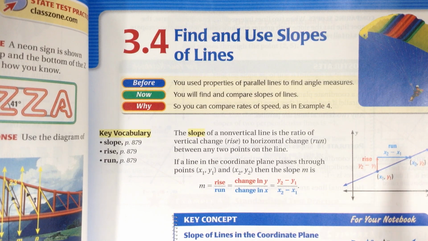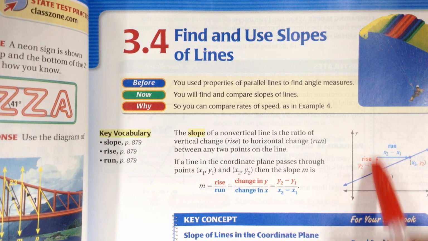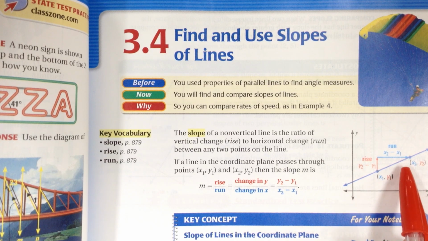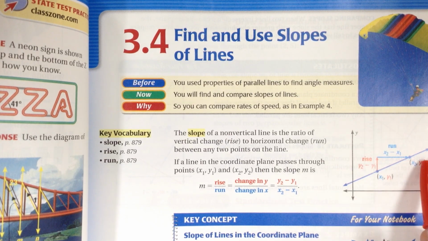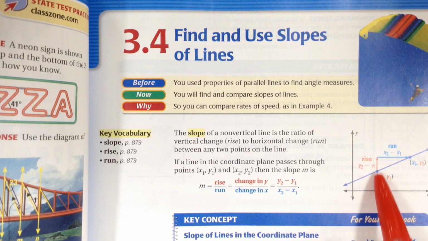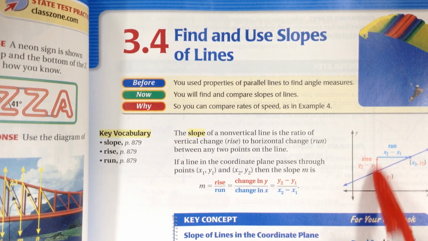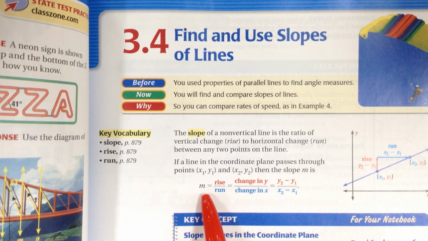When you rise, you go up, like when you're sitting down. When you run, you run sideways, you don't run up. You don't rise sideways. So that's how you remember rise is y and run is x, and the slope is rise over run.